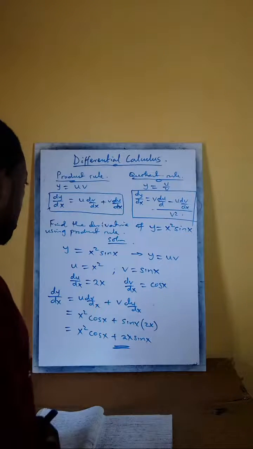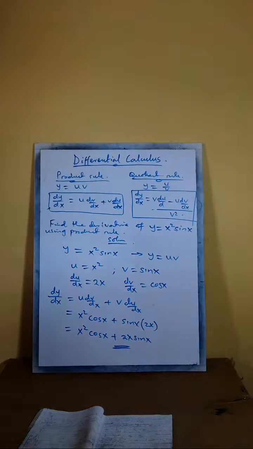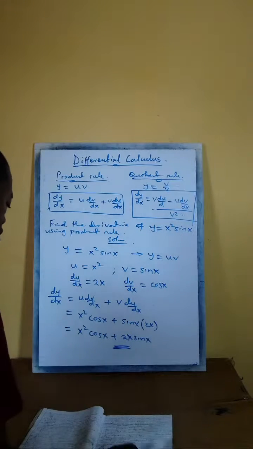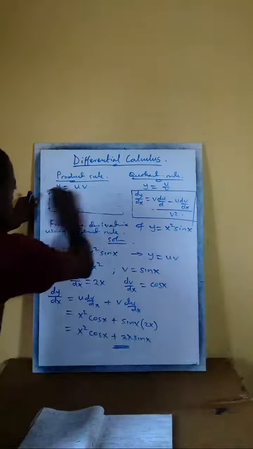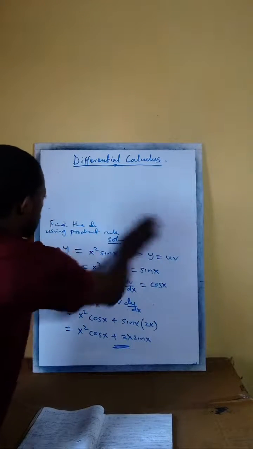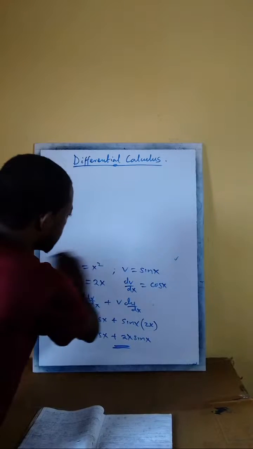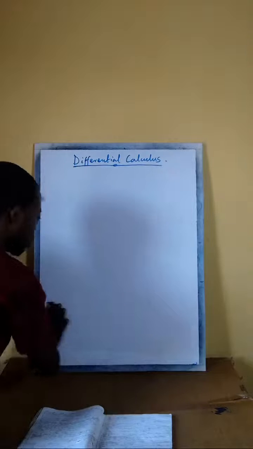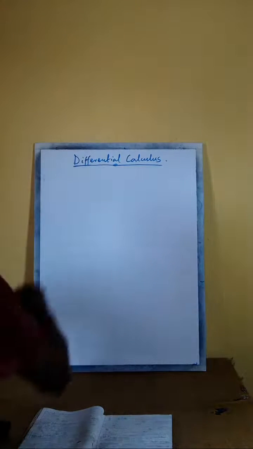So now in this class, let's move to the next rule of differentiation, which is the chain rule. It is also known as the derivative of a function of a function. So very quickly, what do we mean by chain rule?